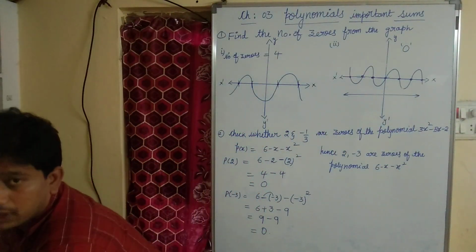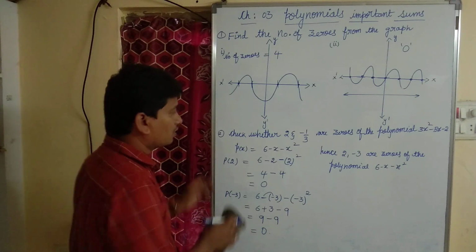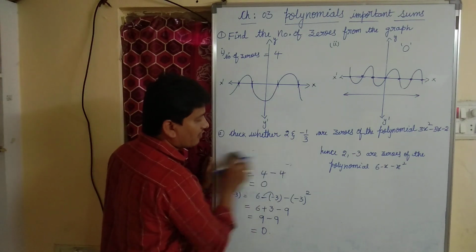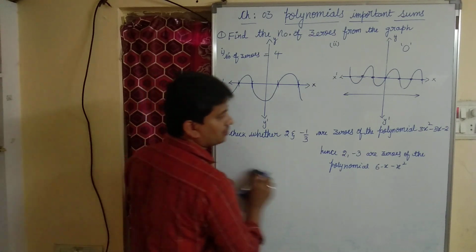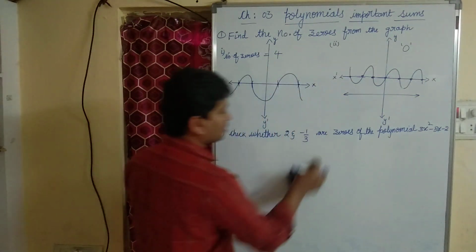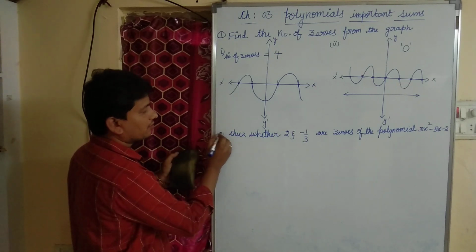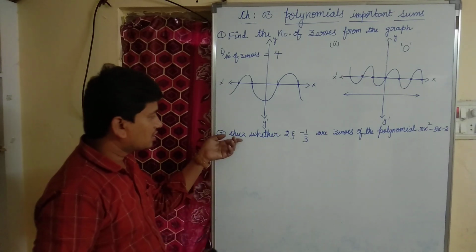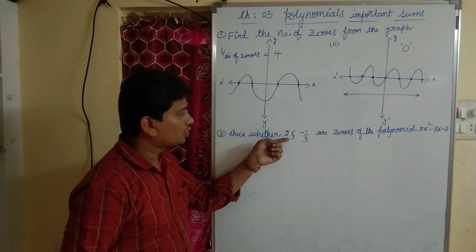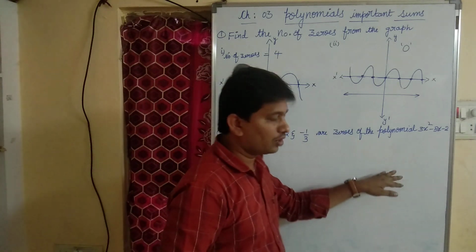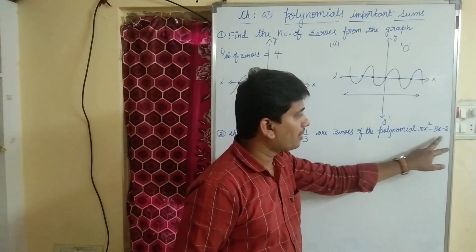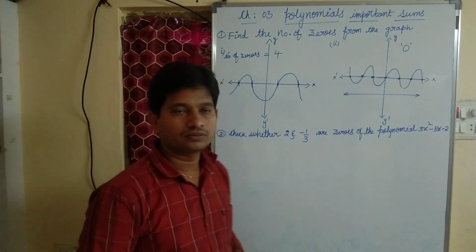Children, the same method problem. Let us discuss now. If you observe the question, this is a very, very important question. They will ask it compulsorily in the examination. Our question is question number 3, the same method: check whether 2 and minus 1 by 3 are zeros of the polynomial 3x square minus 5x minus 2.